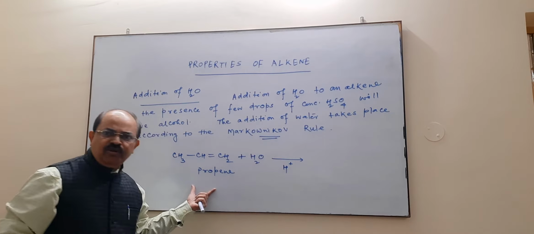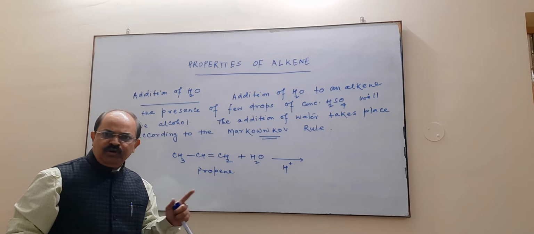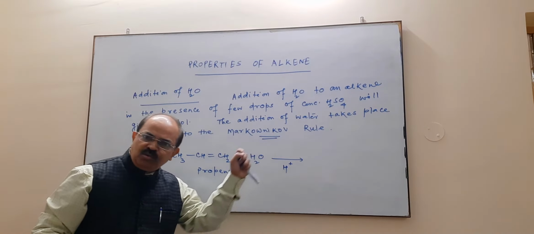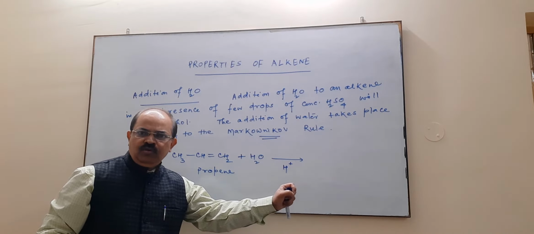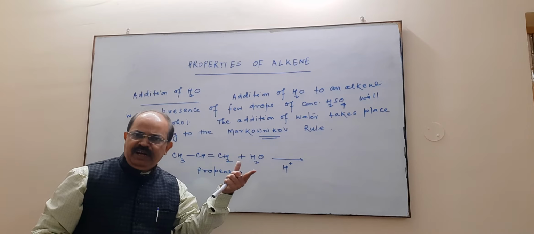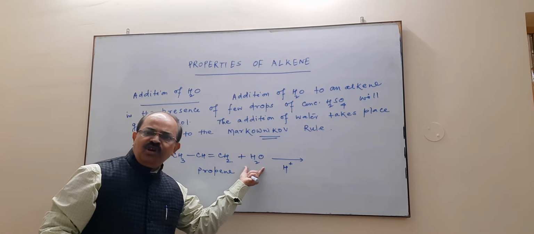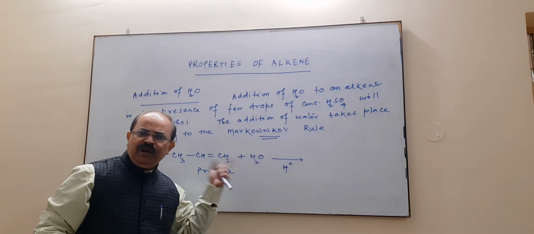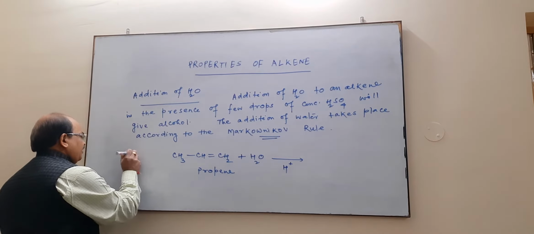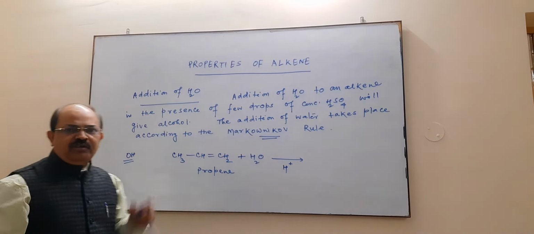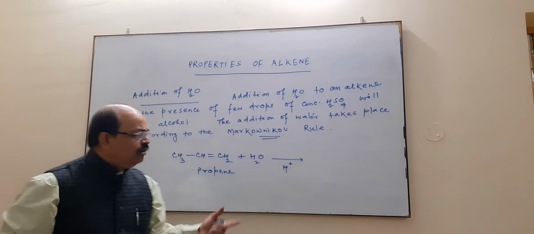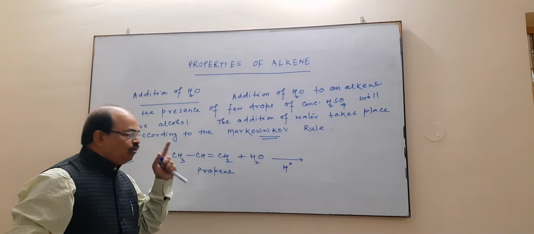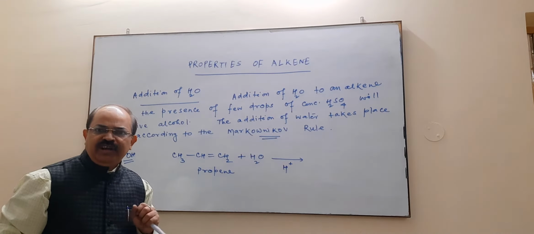You know the Markovnikov rule. The Markovnikov rule says the negative part of the addendum will add to the carbon. The addendum is water, that is the adding molecule. So the negative part of water is OH. So that OH of water will add to that carbon which has lesser number of hydrogen.